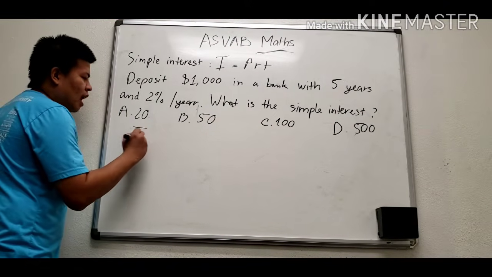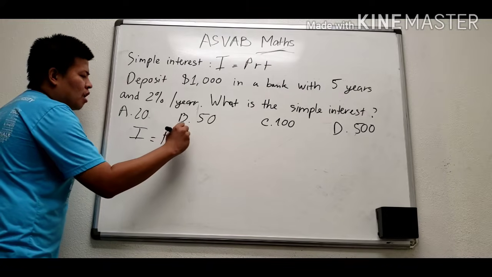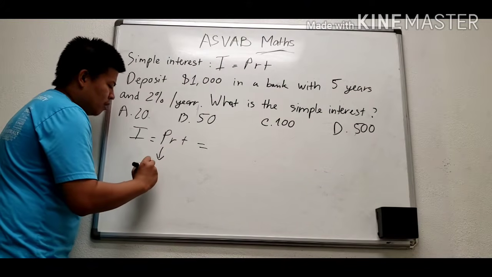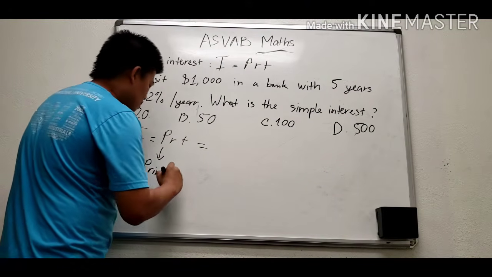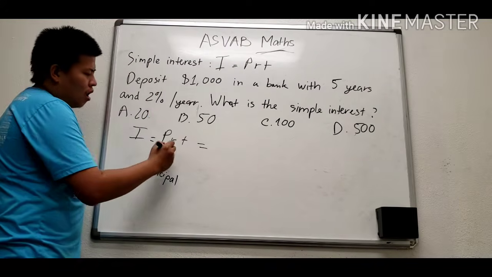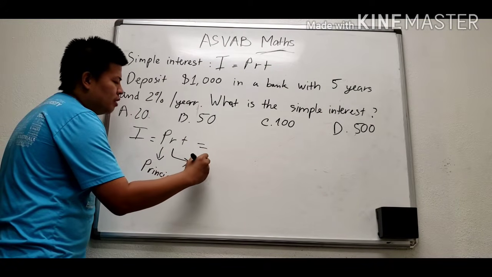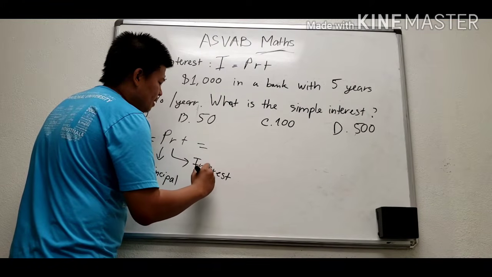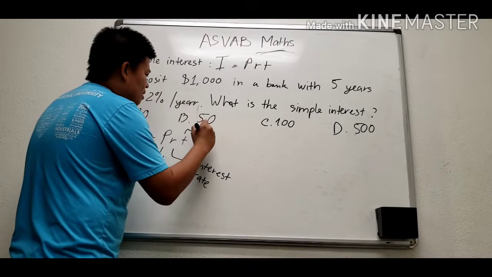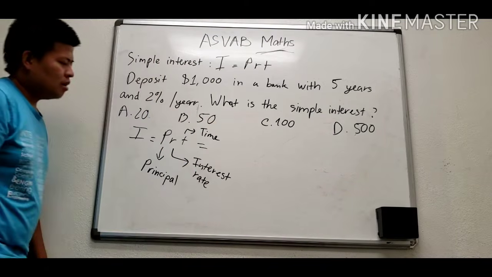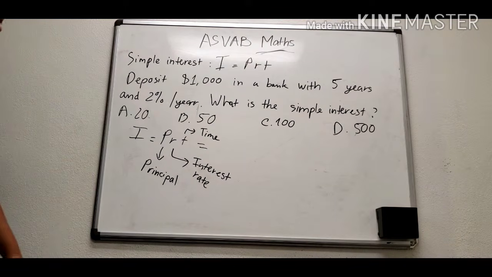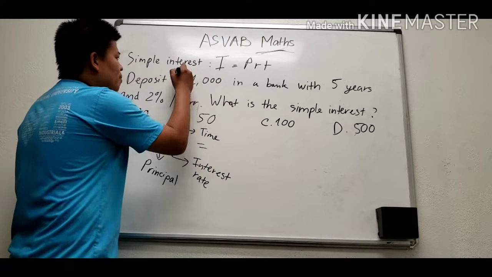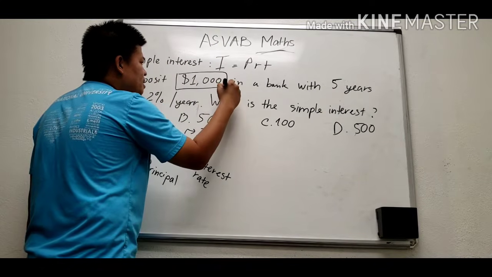So we put I equal to PRT. In here, we have the principal, R is the interest rate, and T is the time. After we have the formula, we just input the information in here. Let's see about P, 1000.